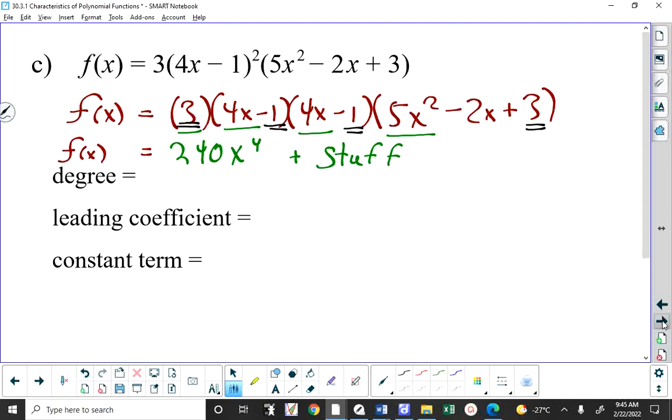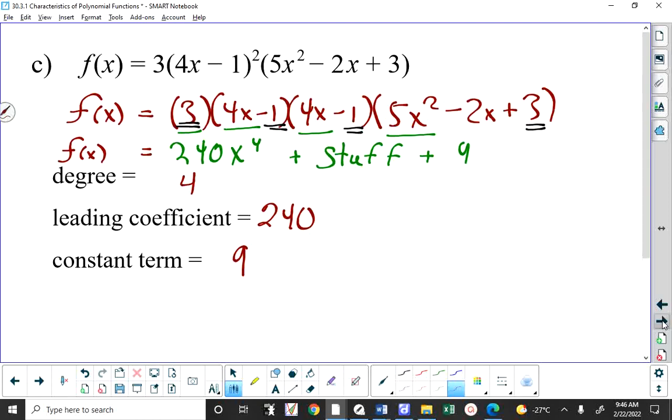Because there's a factor of 3, 3 is both the highest degree term in that factor, and 3 is also the constant term. So I multiply 3 by negative 1 by negative 1 by 3 and get 9. So now we know the degree is 240. No, it isn't. The degree is 4. The leading coefficient is 240. And the constant term is 9.